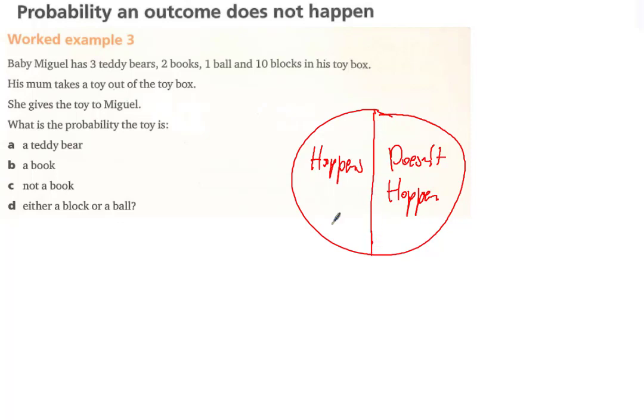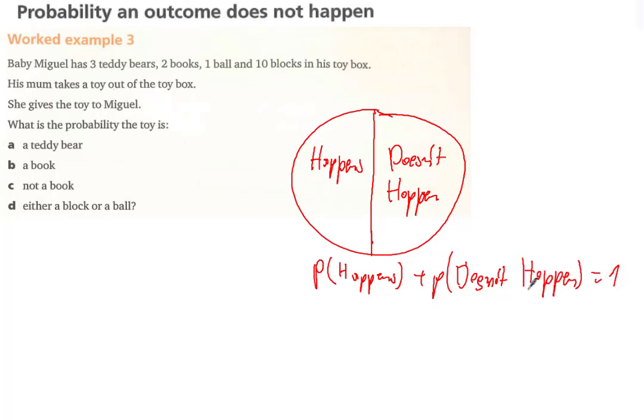What does it mean? That means the probability that an event occurs, like happens, plus the probability that it does not happen, must be 1, which means 100%. So we are sure that it must either happen, or it doesn't happen.